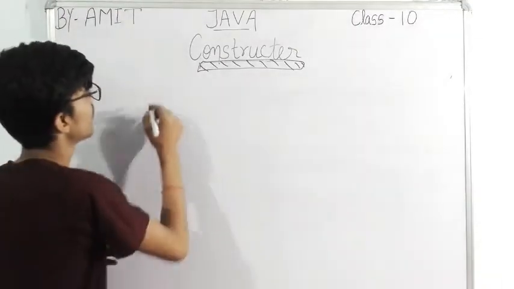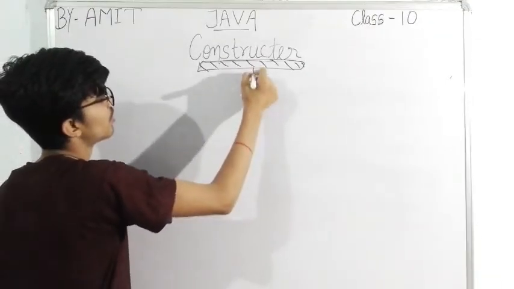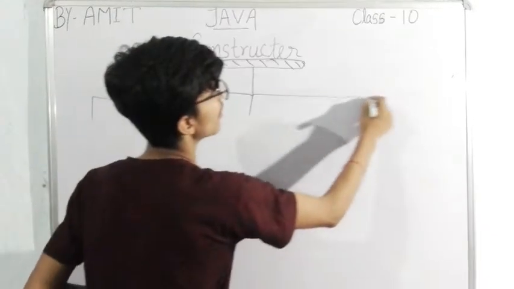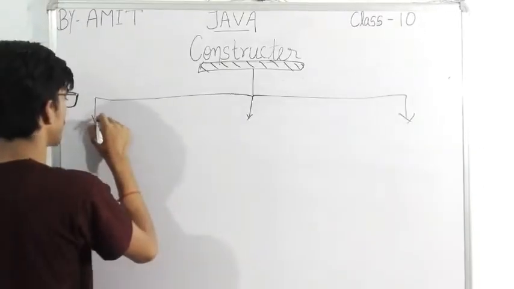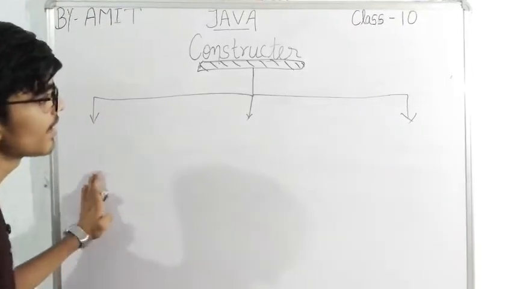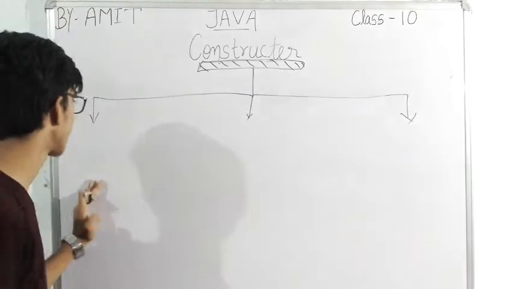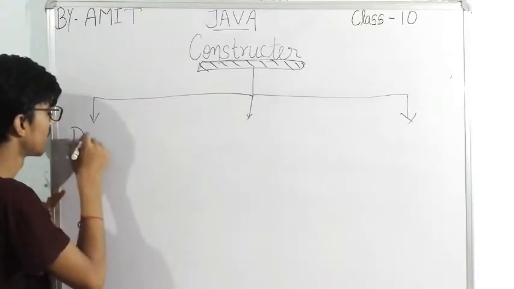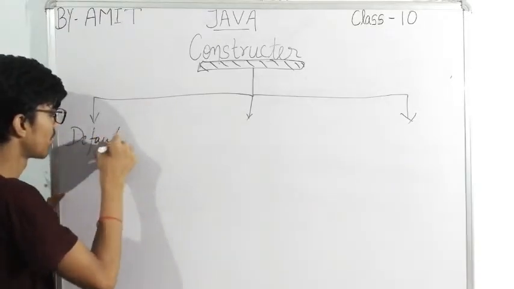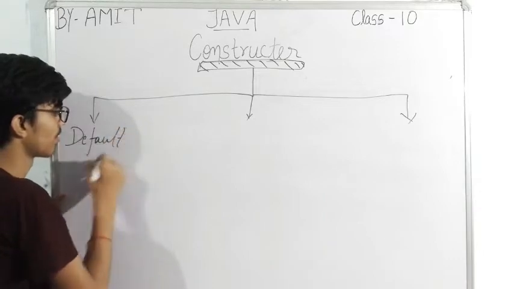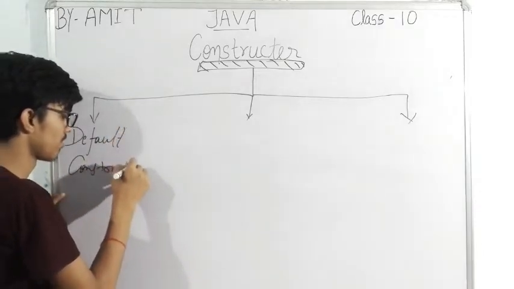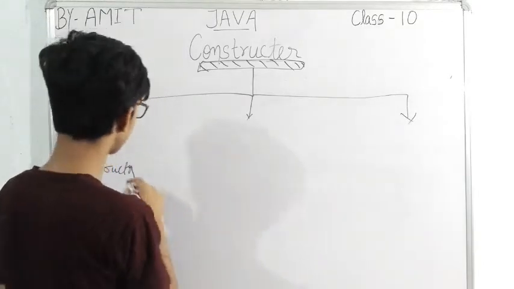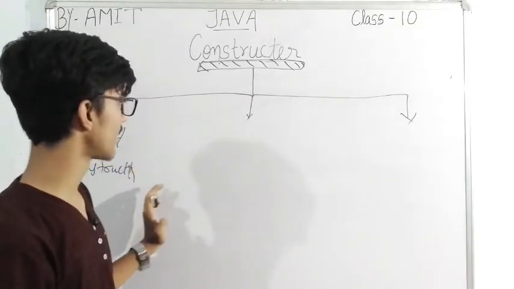So here we have a very important thing. There are 3 types of constructor. First, the default constructor.